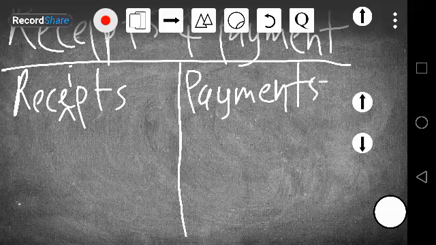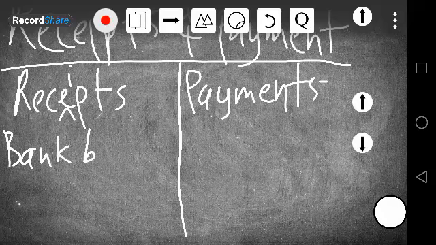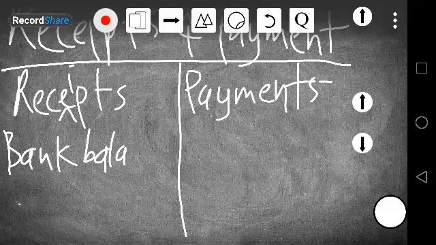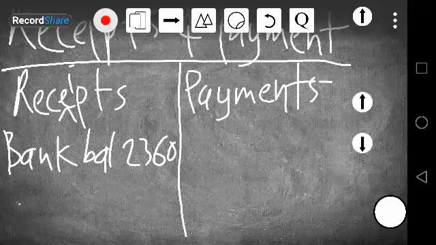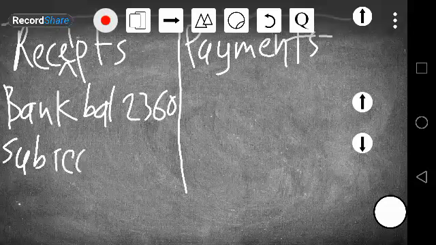So we'll be having things like a bank balance, $2,360. I can see bank balance 2,360. There's things like subscriptions received. Subscriptions received, that's about 11,408.